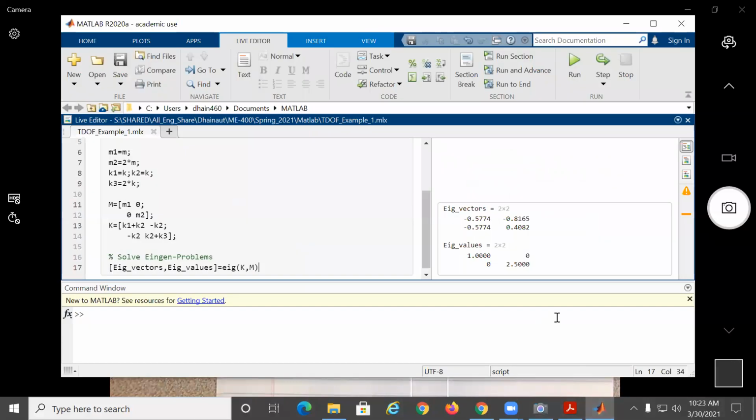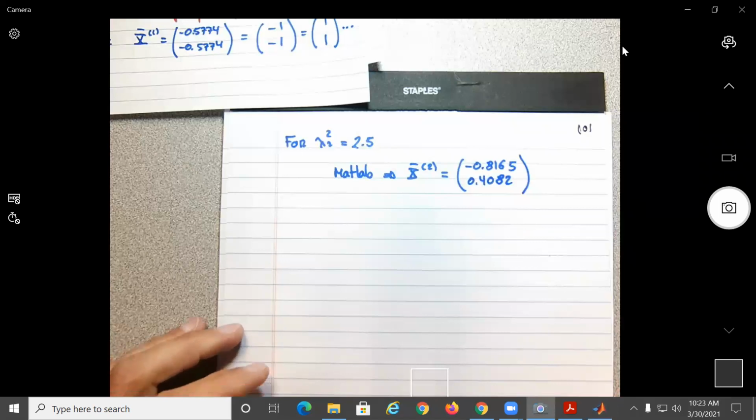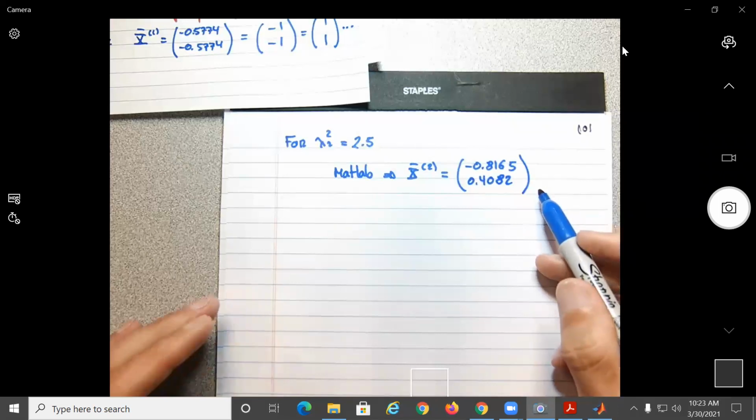We have here the code minus 0.8165 and positive 0.4082. Okay, so this is the eigenvector of the mode shape.